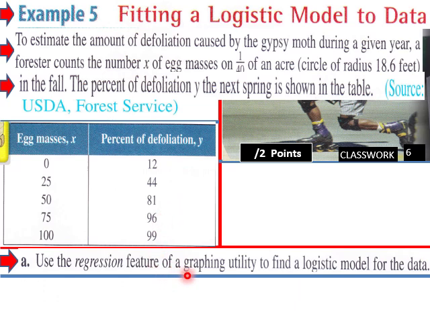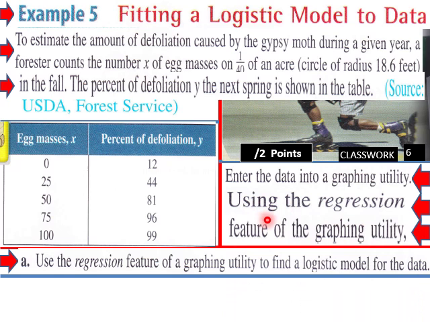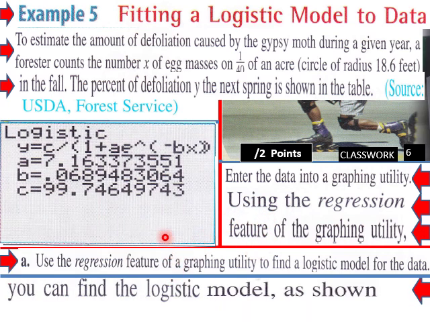So using the regression feature of a graphing calculator to find a logistic model for the data, enter the data into a graphing utility using the regression feature. By doing that, once we enter that data in, here's our logistic model here. And then here's our output from that data input for A, and then our B, which is over here, and then our C, which is this number here.